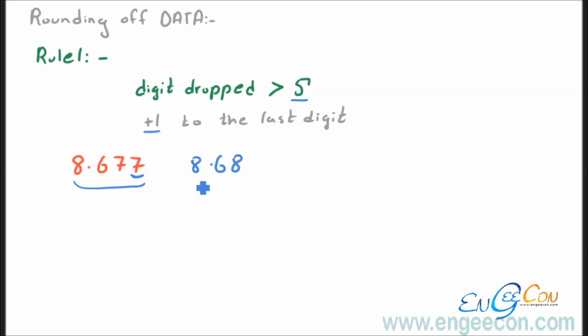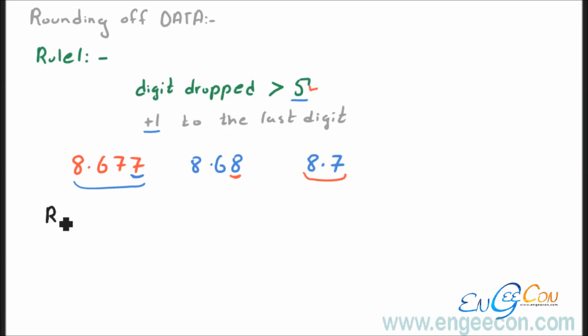If we need only 2 significant figures, it can be further rounded off as 8.7, because 8 is greater than 5, so add 1 to the last digit. So 6 plus 1 is equal to 7.